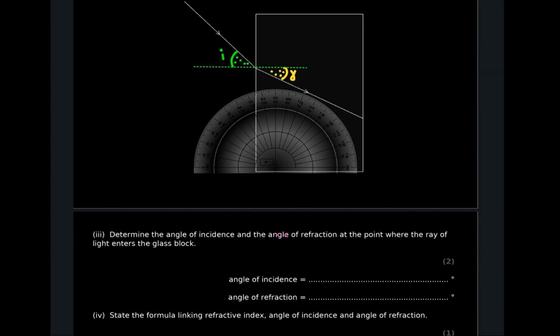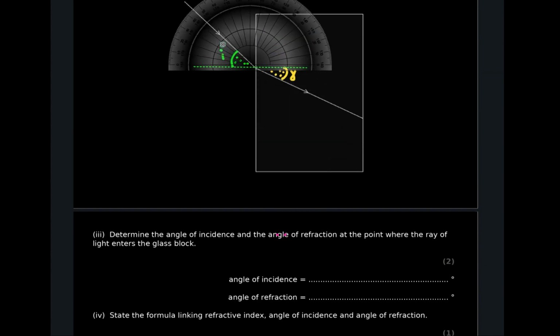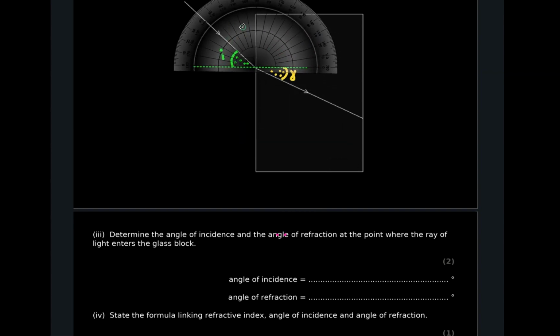Moving further, determine the angle of incidence and the angle of refraction at the point where the ray of light enters the glass block. At this particular point, you are going to use the protractor to measure those angles, and this is how you are going to position your protractor. Angle of incidence is the angle between the normal and the incident ray. If you look at it keenly, this angle is 43 degrees.